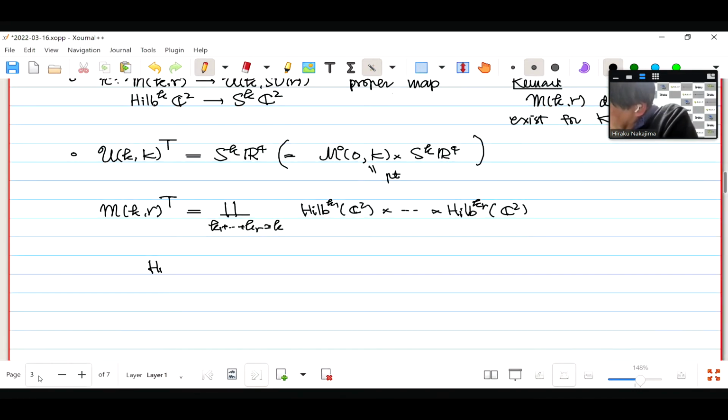So take the Hilbert scheme of C^2, and then I take the action of (C*)^2.